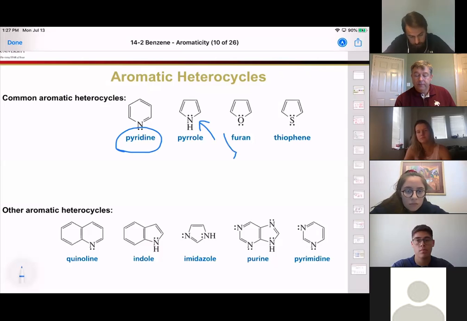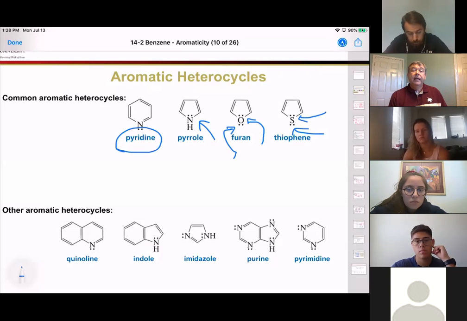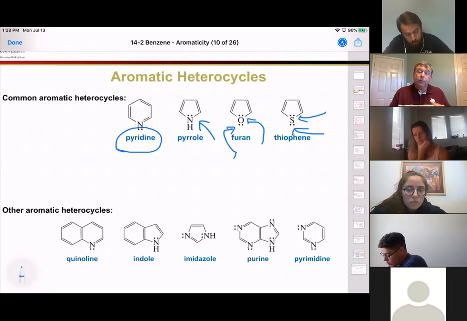In furan, 1 lone pair contributes to the aromatic ring, and the other lone pair is sp2 hybridized. Same thing for thiophene. One of these is in your sp2 orbital, the other is in your p orbital here, okay?